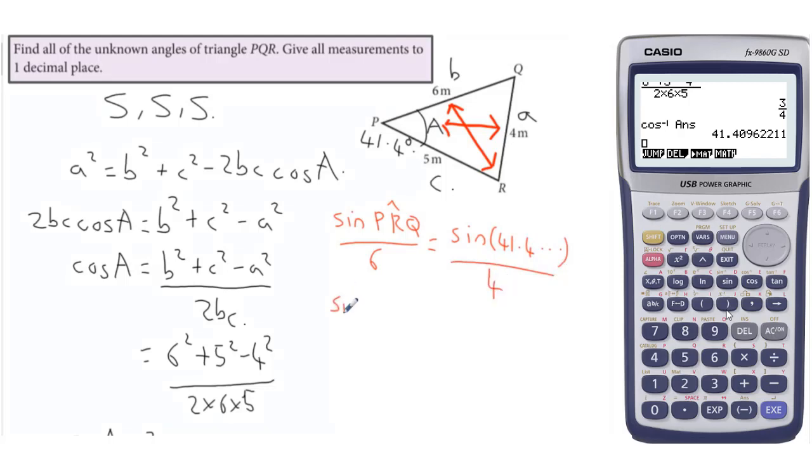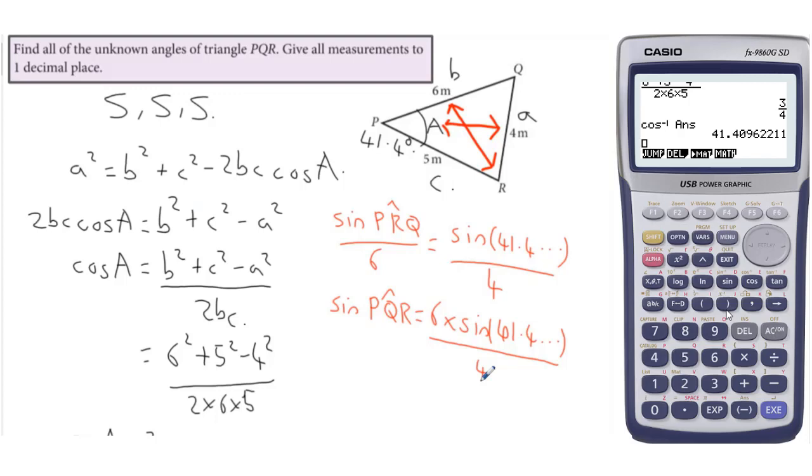So that must mean that sine PQR equals 6 times sine 41.4 dot dot dot, over 4.